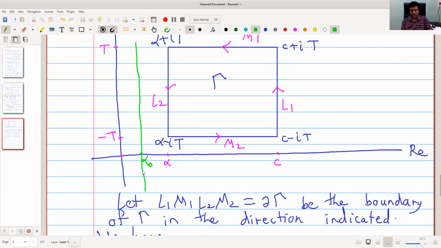Some roots may be on this line. So we have a guarantee that no root of h of lambda lies in this rectangular region gamma.